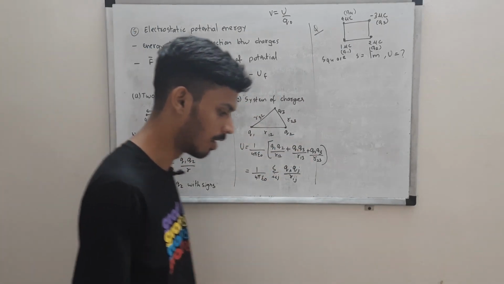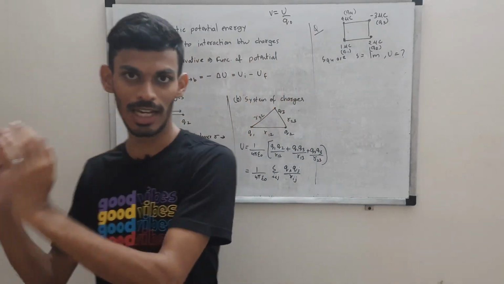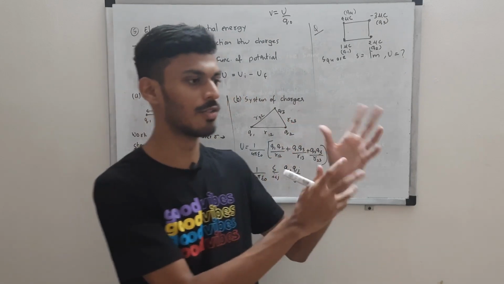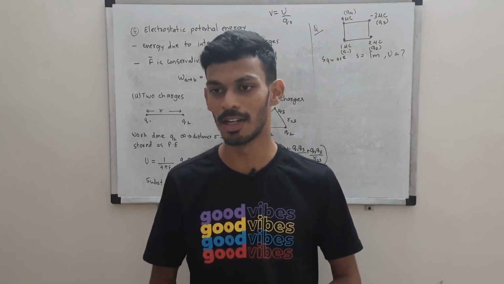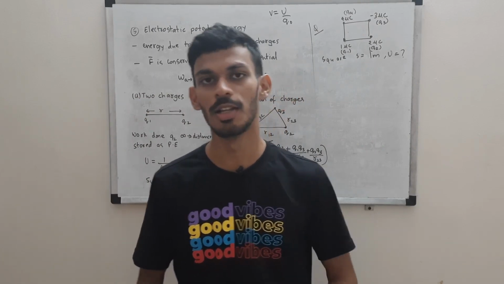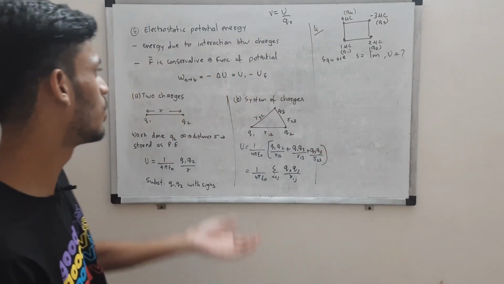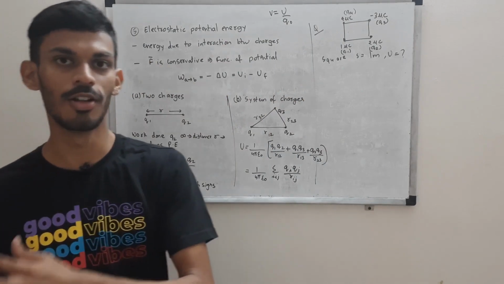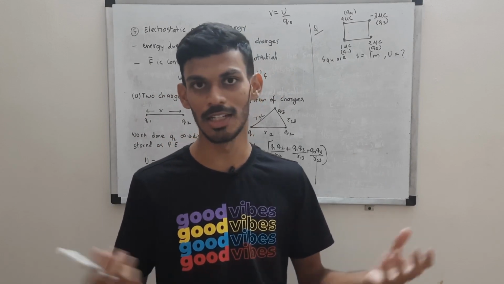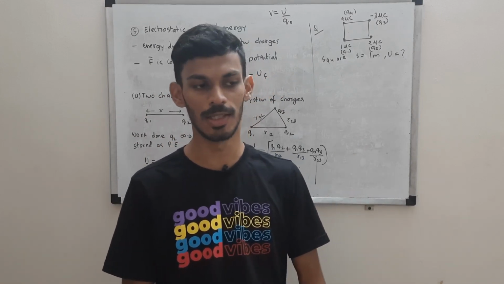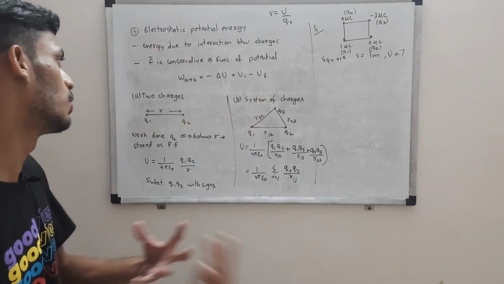So if you are asked about the work between two configurations, say configuration 1 of some charges and then configuration 2, and you change from 1 to 2, you can just find the potential energy of this configuration and that configuration, subtract the two, initial minus final specifically, and that will give you the work required to do that change.